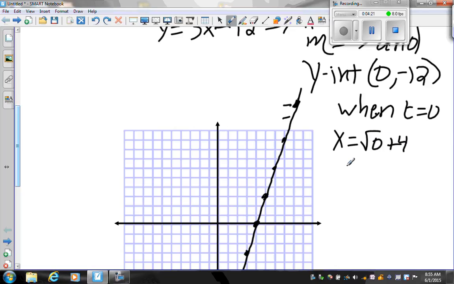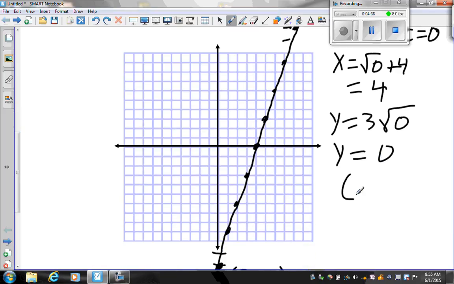The square root of 0 is 0. 0 plus 4 is 4. y is equal to 3 times the square root of t, which in this case, again, t equals 0, so y is equal to 0. So when t is equal to 0, we have the point (4, 0), which is actually our x-intercept here.